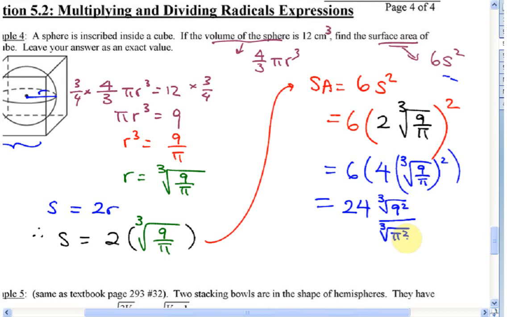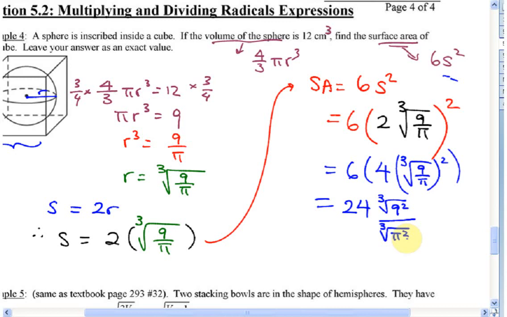Right? I can distribute that, divide. And since I don't want any roots in the denominator, guess what you need to do here? You need to help me rationalize this denominator.